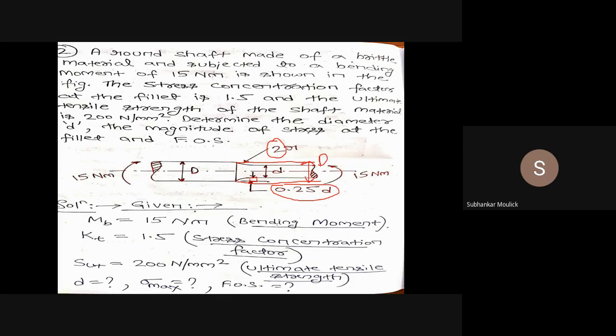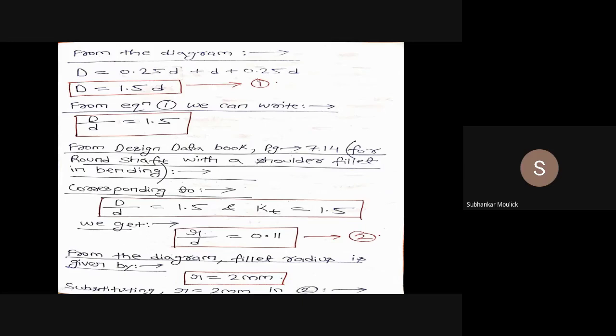If I extend this capital D line horizontally, this particular length is capital D, and from the diagram I can write capital D is equal to 0.25d plus d plus 0.25d.